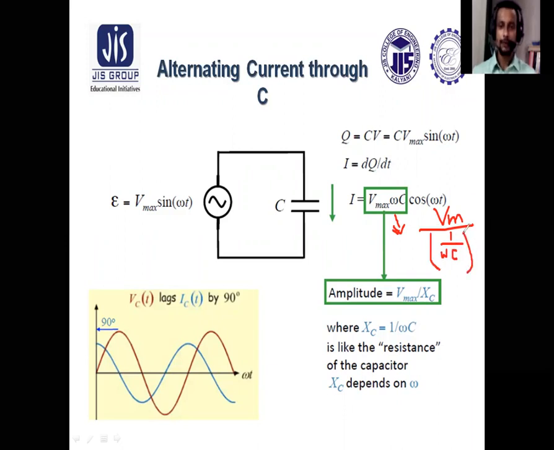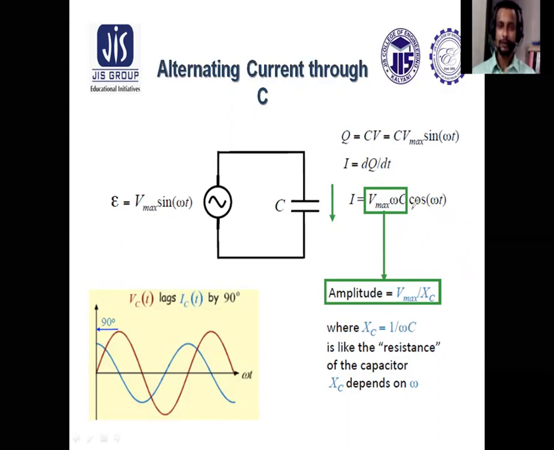So this 1 by omega C is acting as a resistor. This term is the resistance offered by the capacitor, which is known as capacitive reactance. It is generally denoted by Xc. So Xc equals 1 by omega C.